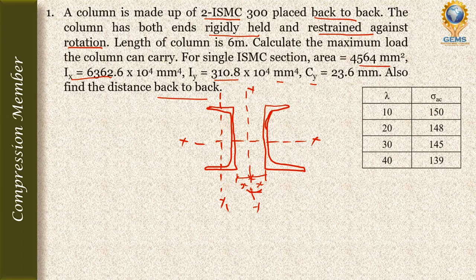This is y1 y1. So this distance is 23.6 mm. So we have to find the P, and also what the x value is.